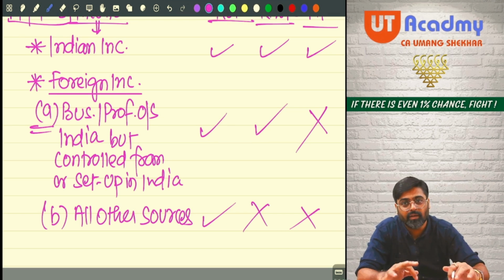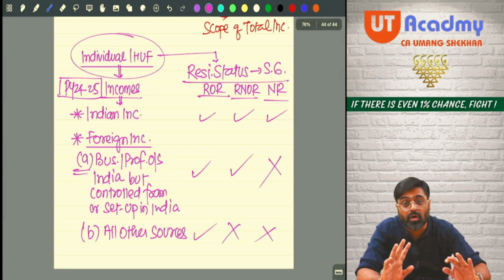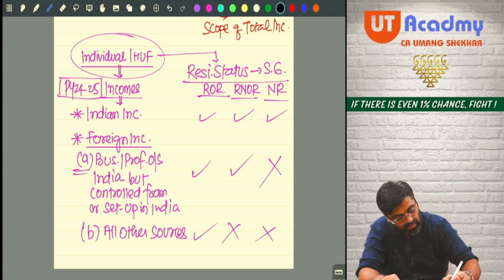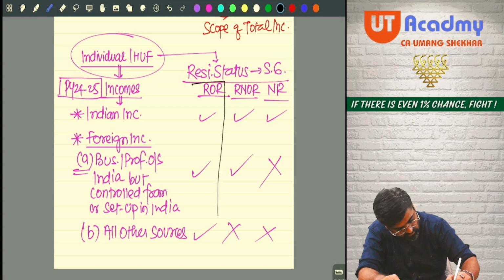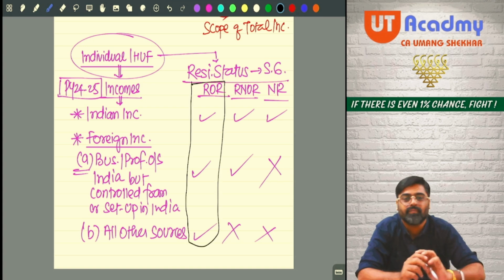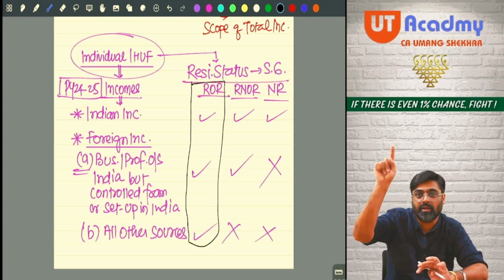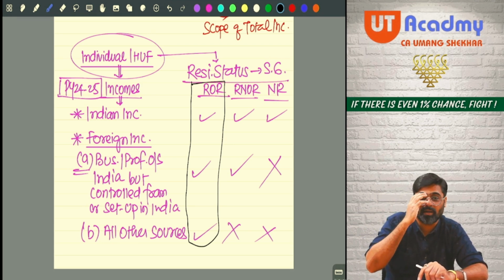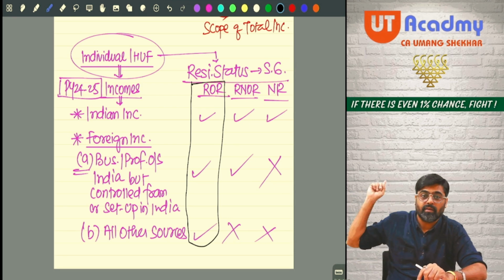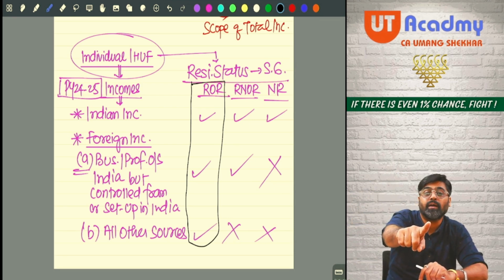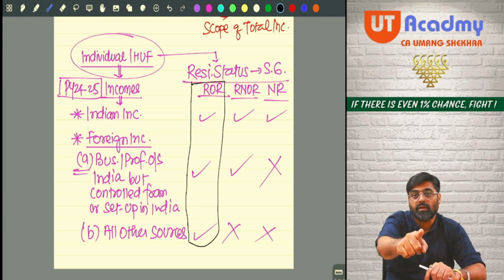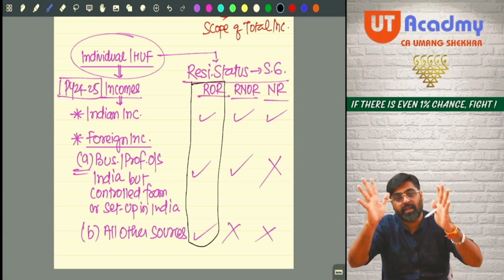Getting my point? So now please pay attention. What I want to show you here is that if you are ROR, then this is your scope of total income. If your status for this year is ROR, then whether you have earned any income in India or from foreign, A or B, will not make any difference.